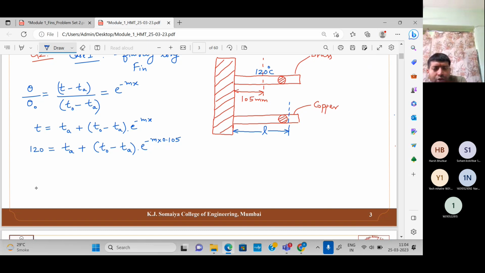Now we will write the equation for copper rod. We have to find at what distance the same temperature would be reached in the copper rod.